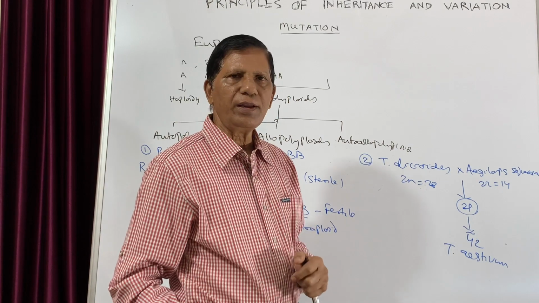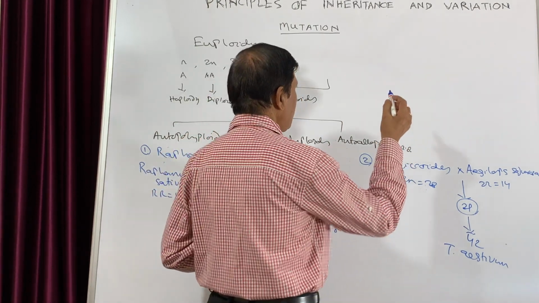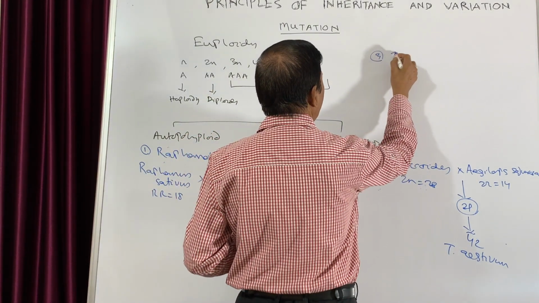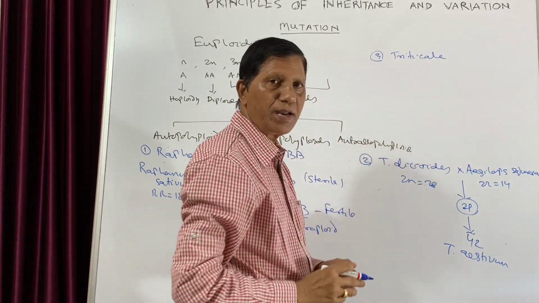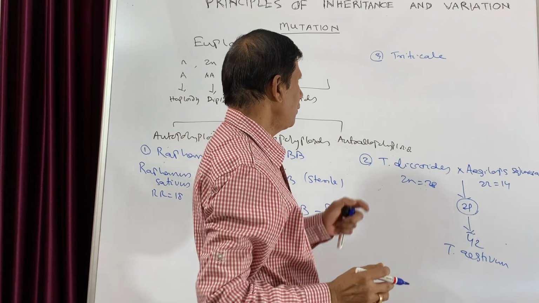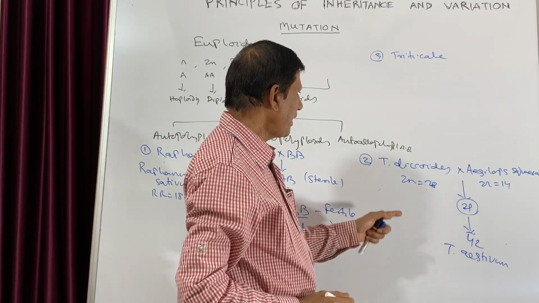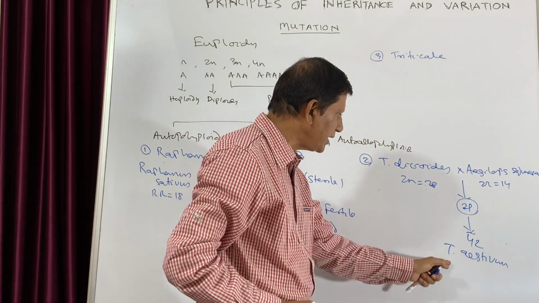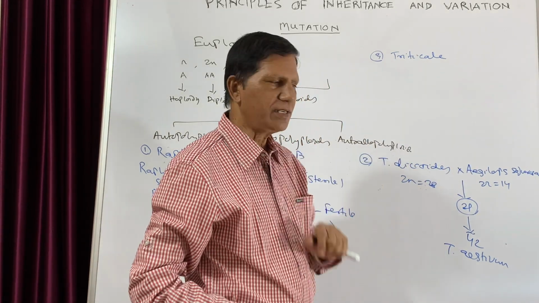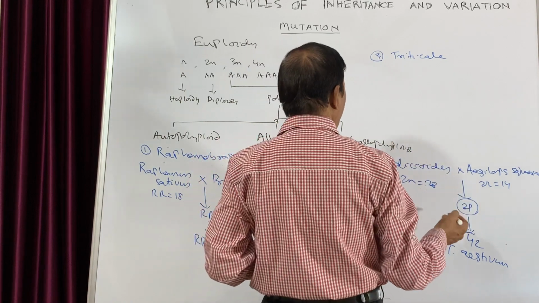In the same way, the triticale plant was also obtained. Triticale is the first man-made cereal. So this was obtained either by crossing this one with rye or this one with rye.